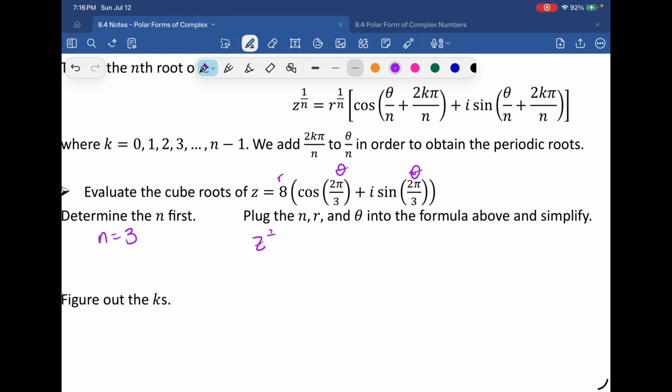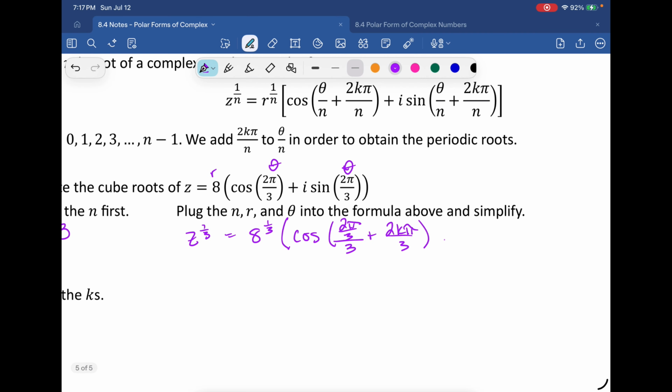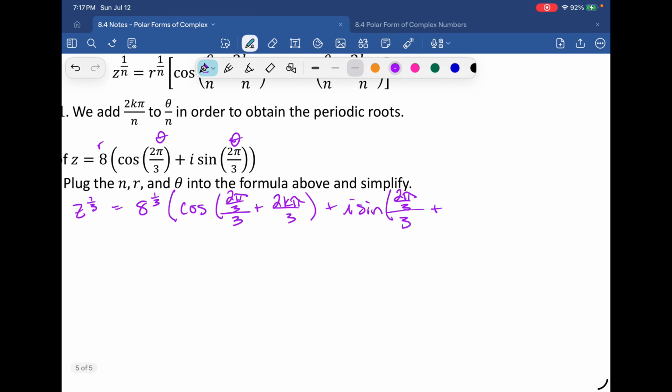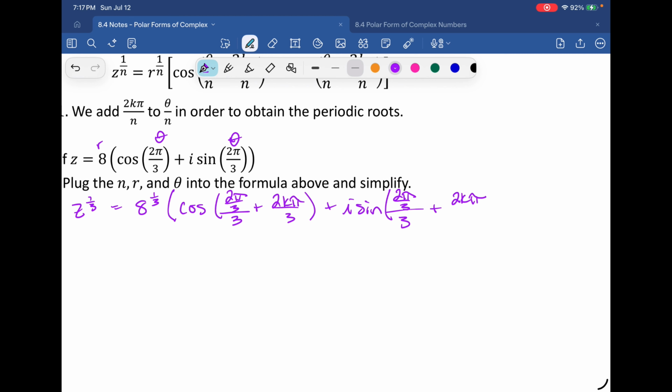So z to the 1/3 equals r, the radius, to the 1/3, times cosine of theta, which is 2 pi over 3, and then we're taking that over 3, plus 2k pi over 3, plus i sine of 2 pi over 3, plus, this is lovely, 2k pi over 3.